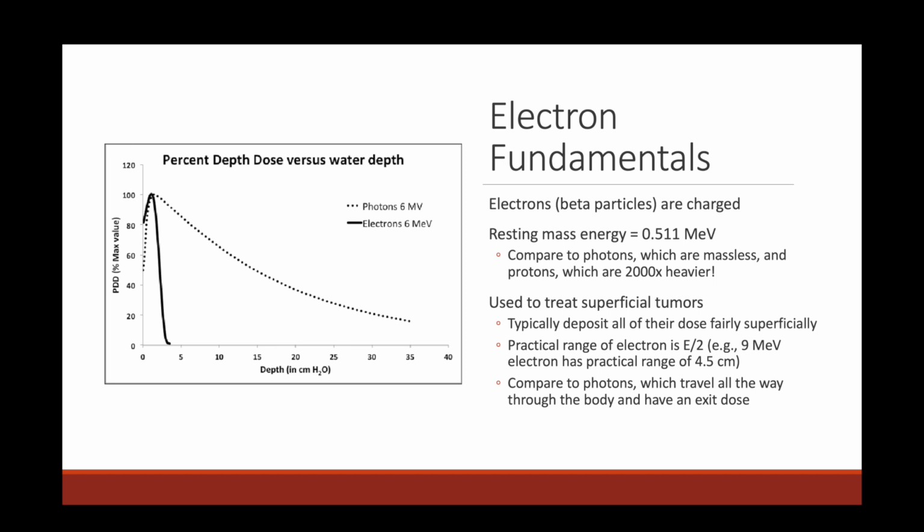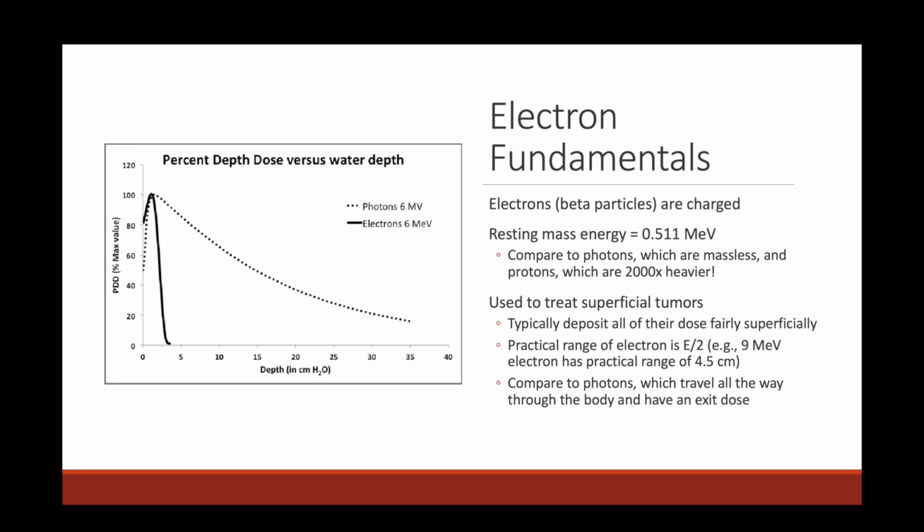There's a rule of thumb to determine the practical range of an electron, and it's typically the energy divided by 2. So, for example, for a 9 MeV electron beam, the practical range would be 9 divided by 2, which is 4.5 centimeters. So 4.5 centimeters, when you compare it to photons, is really not a lot. And that's just the practical range of where we can actually clinically detect any dose.